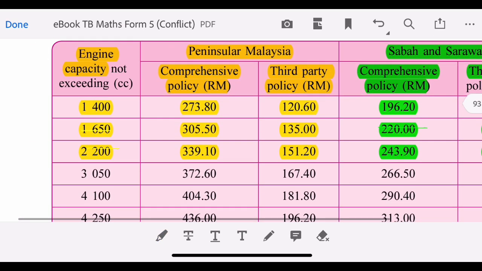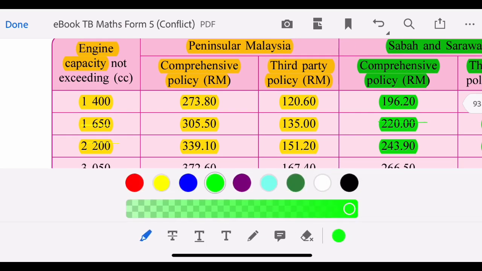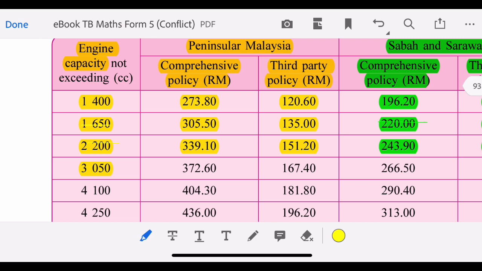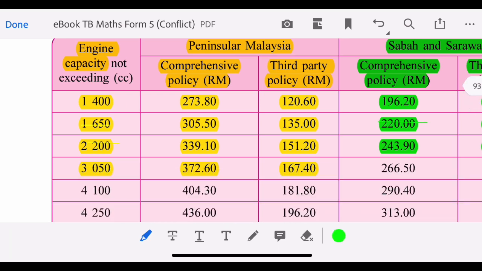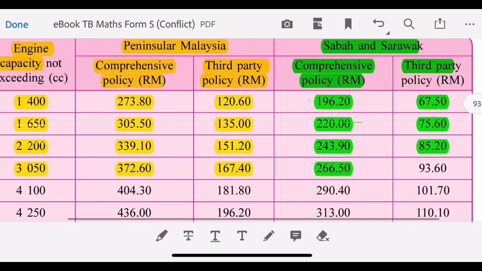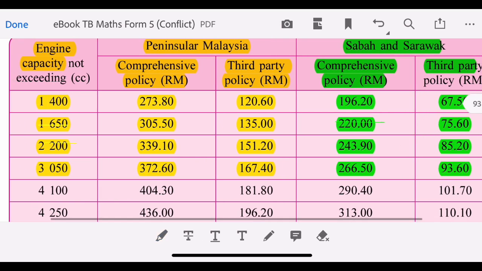So when the engine capacity increases to 3050, the comprehensive policy will be 372.60, and the third party will be 167.40. Okay, and for Sabah and Sarawak it will be 266.50 and 93.60.